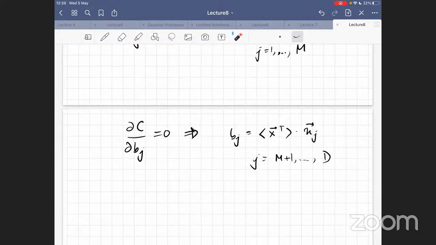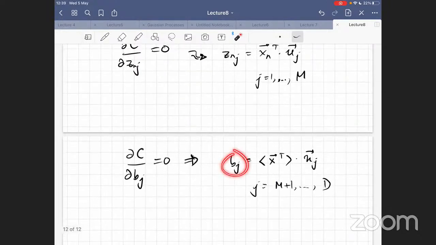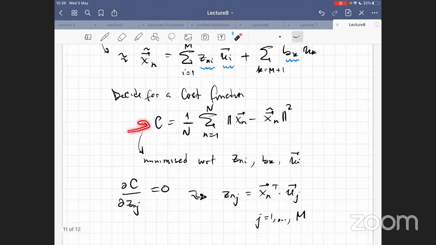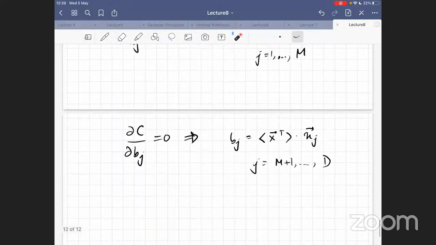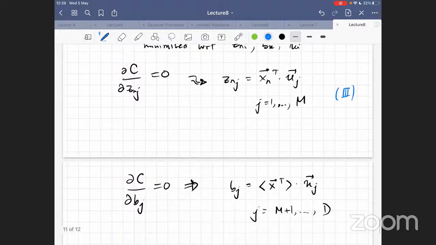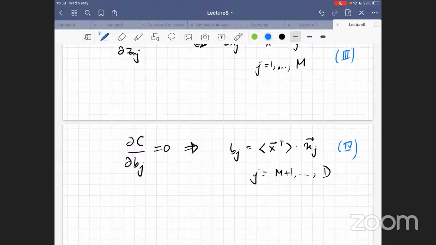So if I substitute this expression and this expression inside my cost function, then, for the sake of clarity, if you see these lectures later, let me call this expression 3 and expression 4.